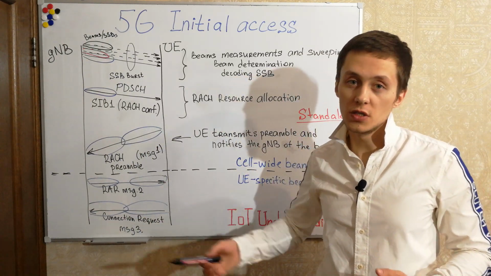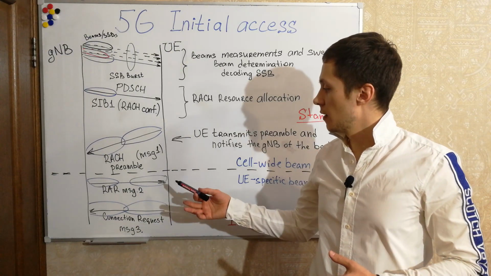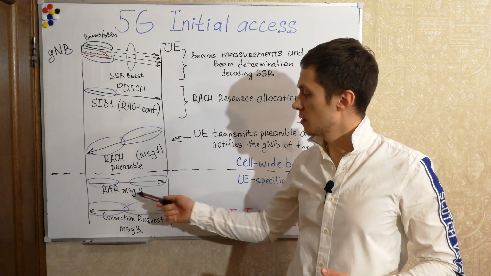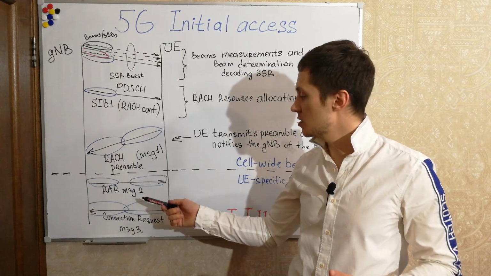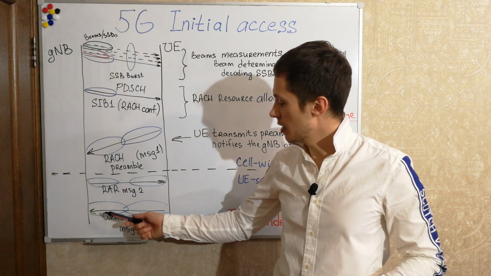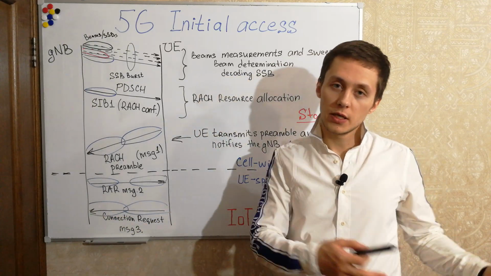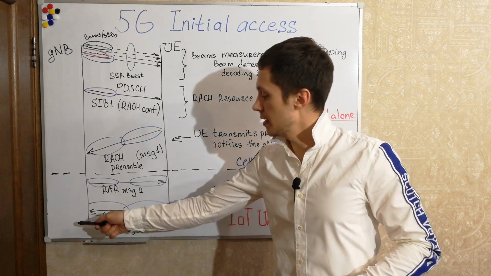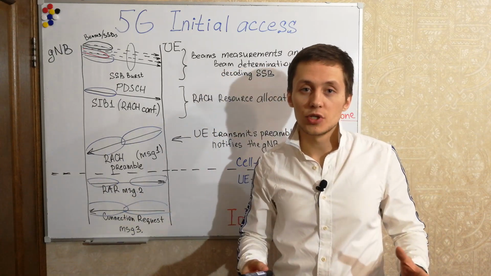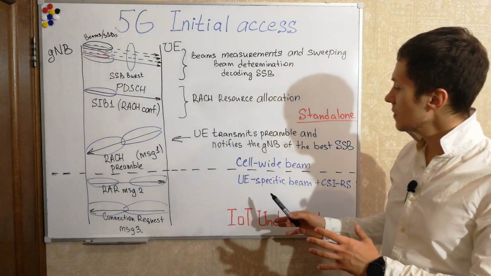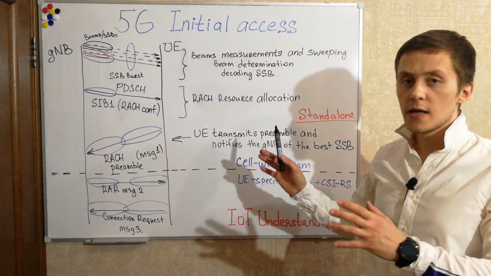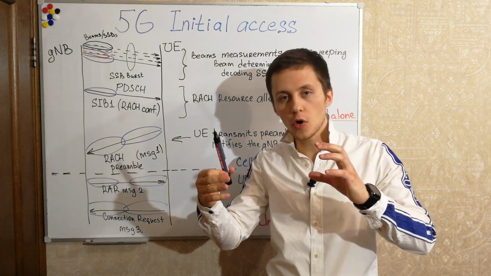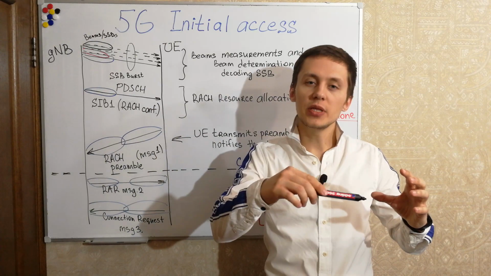The next messages are pretty common, as you may see. The UE receives random access response message 2, and connection request message 3, then connection setup and setup complete, and after that the connection is established. So again, one more time, the fundamental difference is using beamforming not only in downlink but also in uplink.